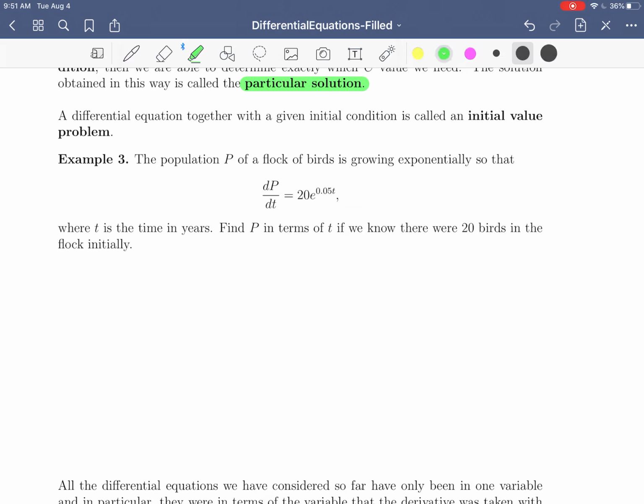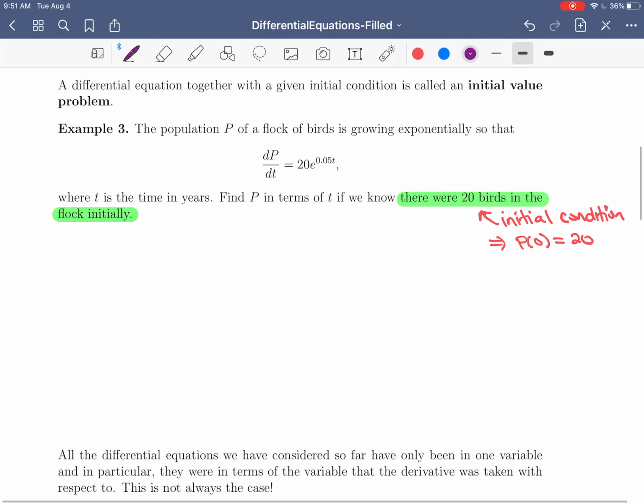So this piece of information here is our initial condition, because it's some extra information about the flock. What it says is at time 0, P of 0 is 20. So what we want to do is find P of t.